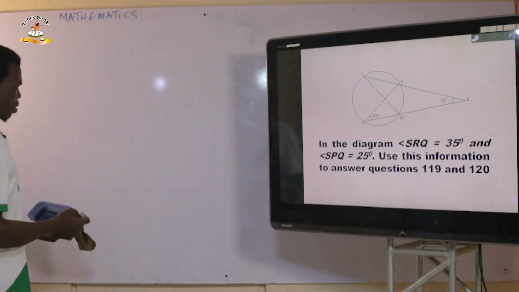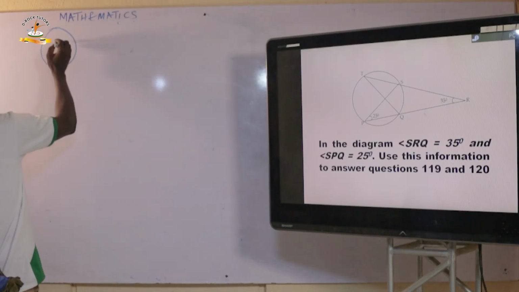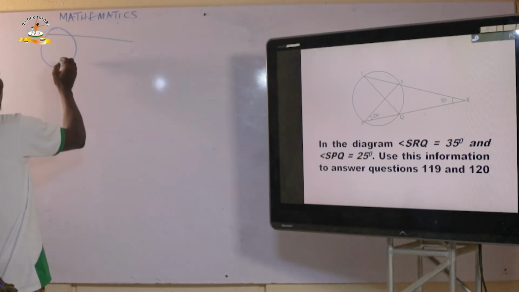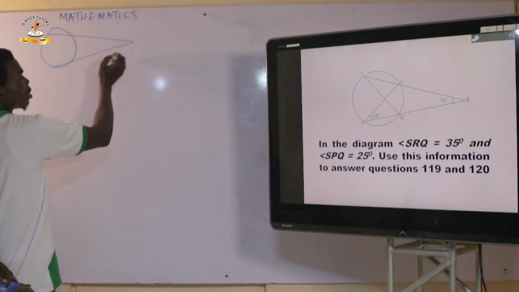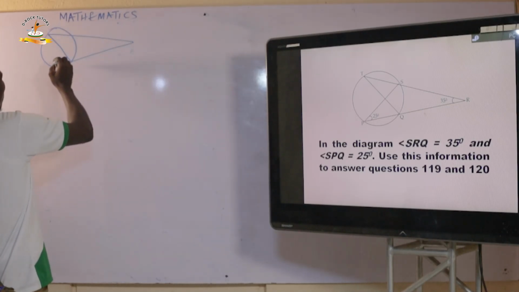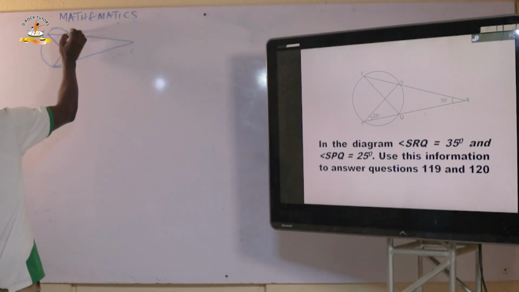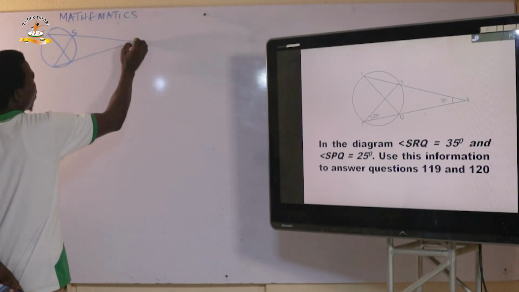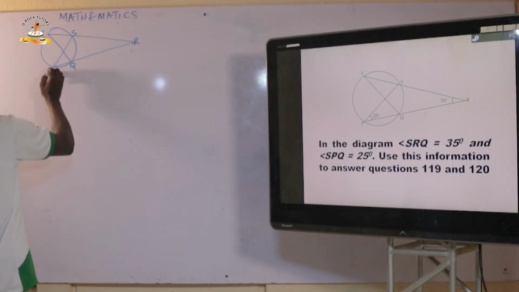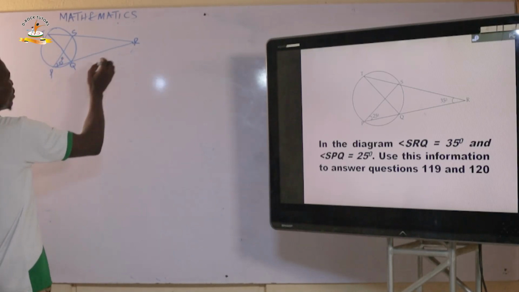So let's draw the diagram, with points S, R, Q, P.